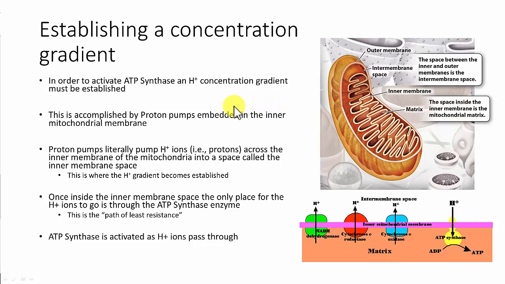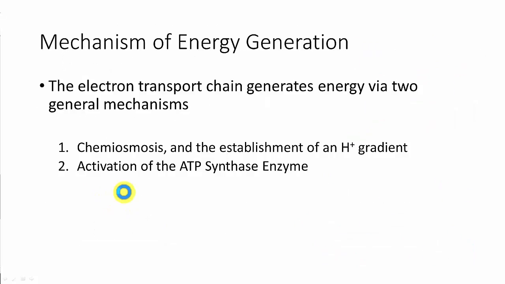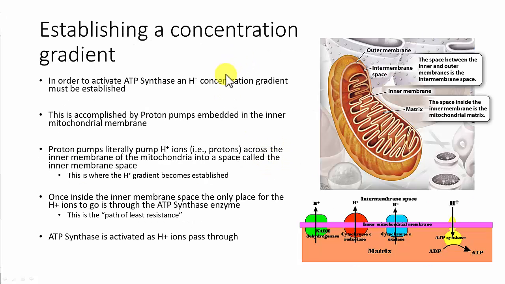Now, to understand how that concentration gradient is established, this is where the electron transport chain comes in. Okay, so just to reiterate, here's something we talked about: chemiosmosis and the establishment of an H+ gradient, and then activation of the ATP synthase enzyme. So in order to establish that concentration of ions, this is where the function of our electron carriers and the electron transport chain itself come into play.